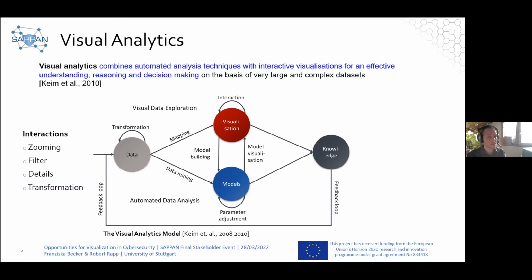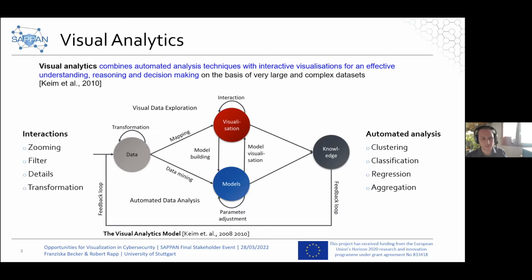On the one hand, that's the basic approach of how we do visualizations to gain knowledge out of the data. But on the other hand, we also use automated analysis like machine learning nowadays, where we try to mine more information out of the data, and also create data models based on our data. These models can also be visualized and then refined later on.